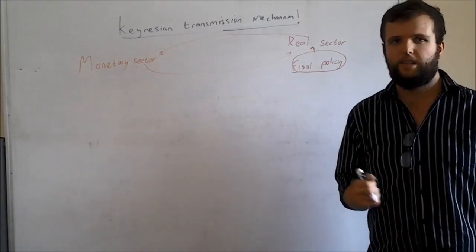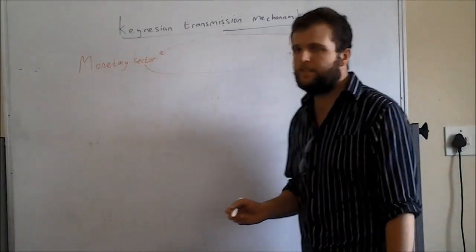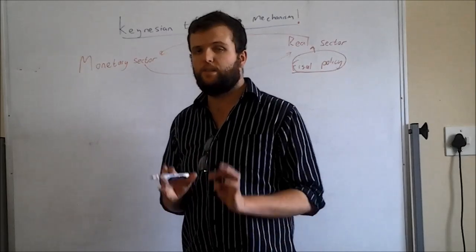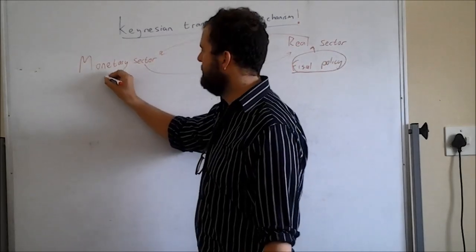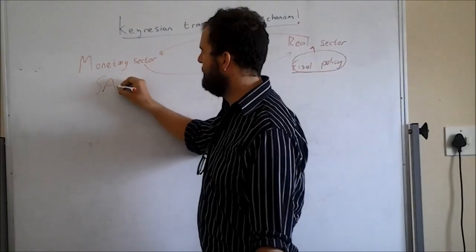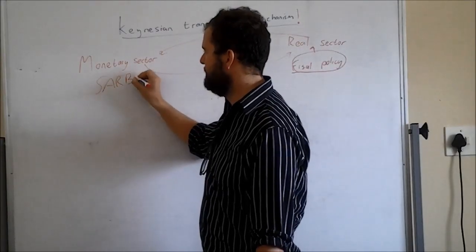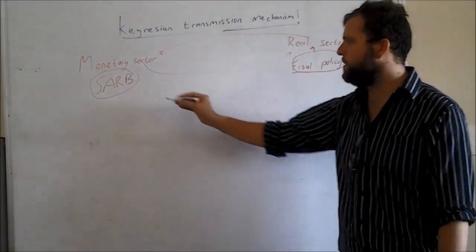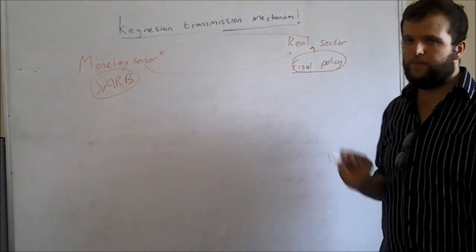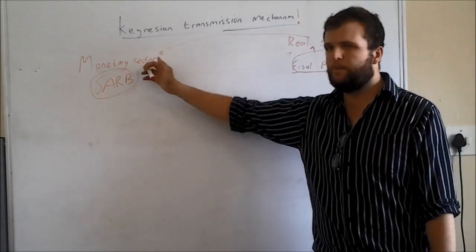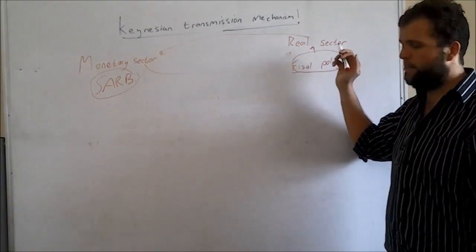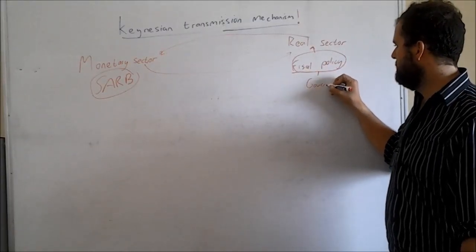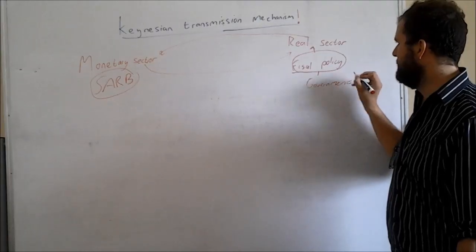In the monetary sector, who's in charge here? Who needs to make sure everything is okay? The Reserve Bank. In South Africa, we call it the South African Reserve Bank. So these two institutions are in charge of their specific fields: the Reserve Bank in the monetary sector and the government in the real sector.